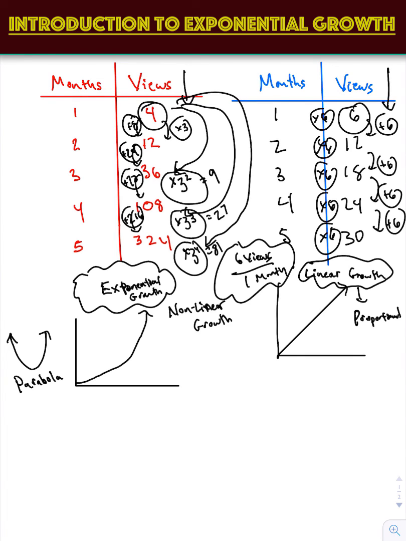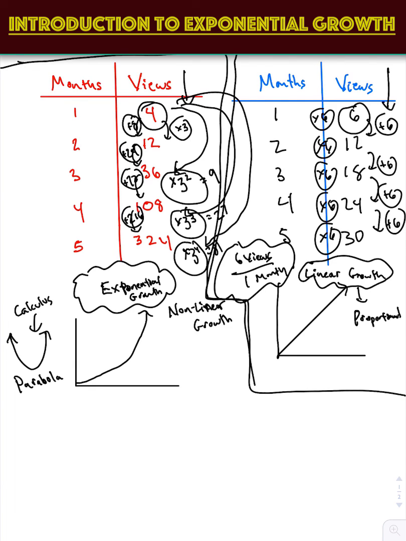We're not going to need to know much about that for the time being, but this is a lot of what calculus revolves around, parabolas. Just in the same way that middle school math revolved very much around proportional growth, high school and college math a lot of times will revolve around exponential change, exponential growth.